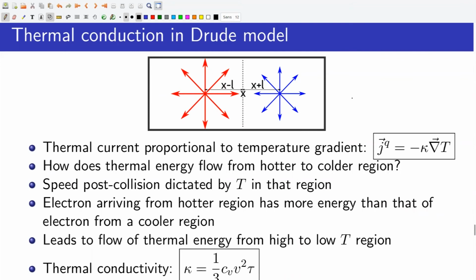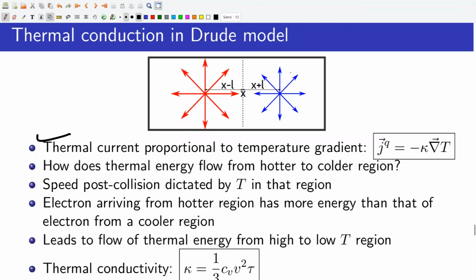Let us try to understand thermal conduction in the Drude model. We know that thermal current is proportional to the temperature gradient. This is the Fourier law. Now let us consider how thermal energy flows from the hotter to the colder region. Let's assume that this region is hotter and this region is cooler, and let's assume some imaginary plane separating the two regions. In the hotter region, electrons will emerge with higher velocity after each collision.